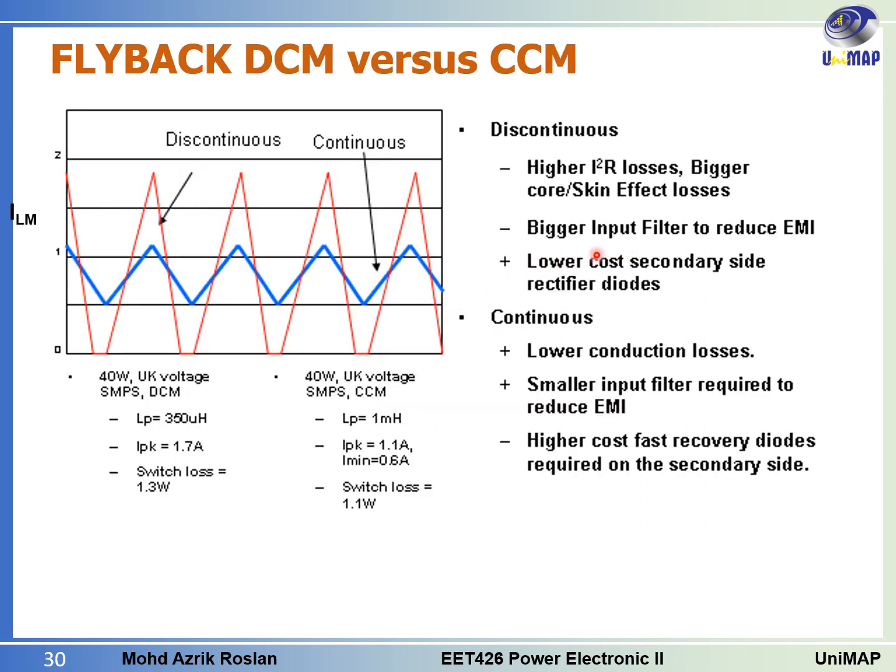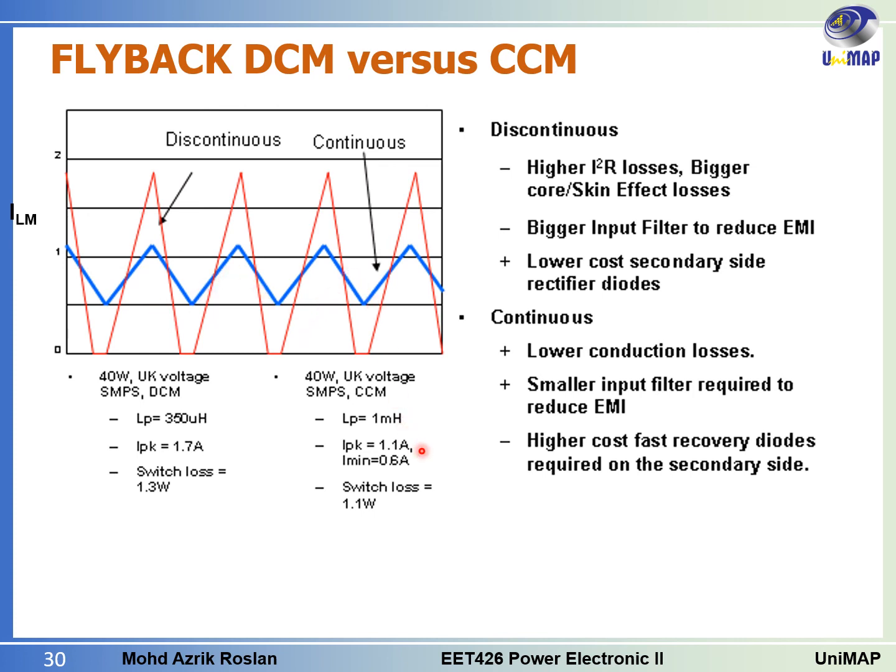Okay, now we are looking at the comparison between the DCM and CCM. For the same rating here, 40 watt, and this is also 40 watt, a switch mode power supply using DCM, and this one using CCM, the blue one. You can see that for CCM, the peak-to-peak variation of the current is small.